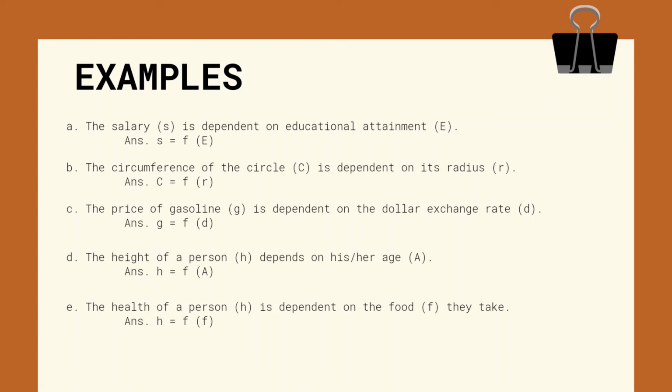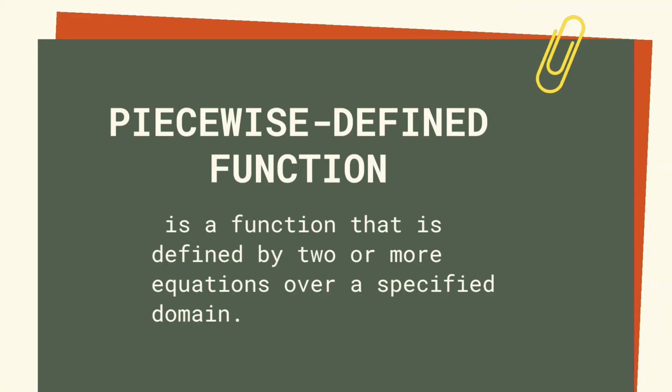Now, let us move on to our last example on how to express function and relation. Our last variation is through piecewise defined function. A piecewise defined function is a function that is defined by two or more equations over a specified domain. Here is an example.